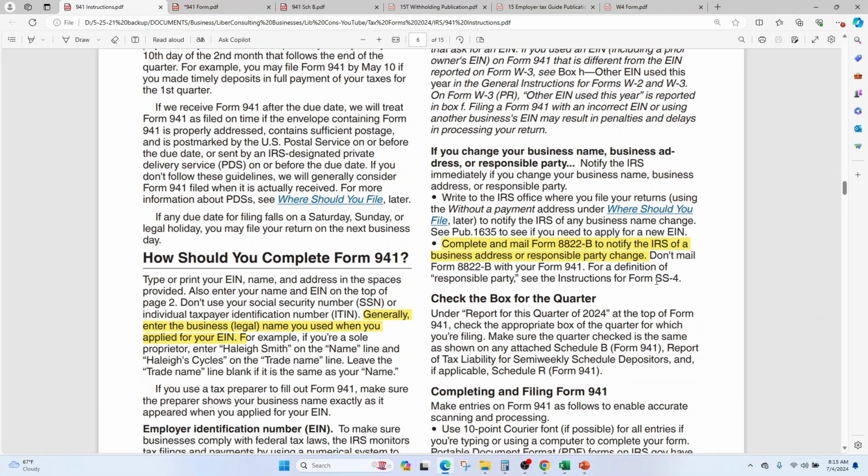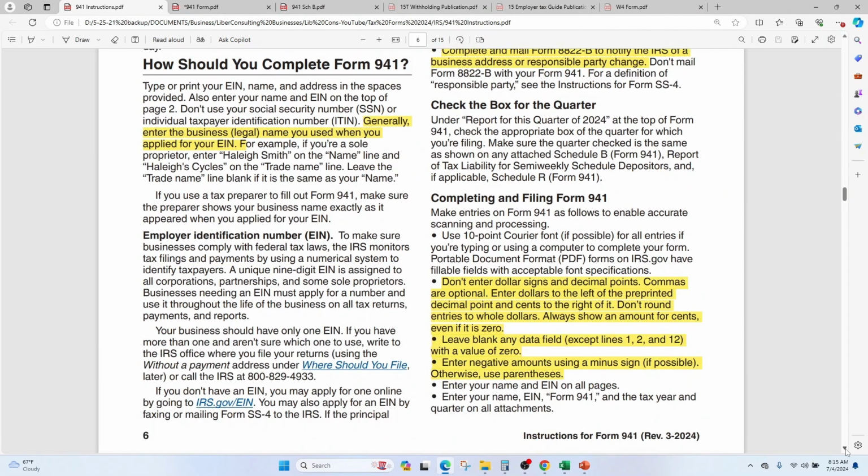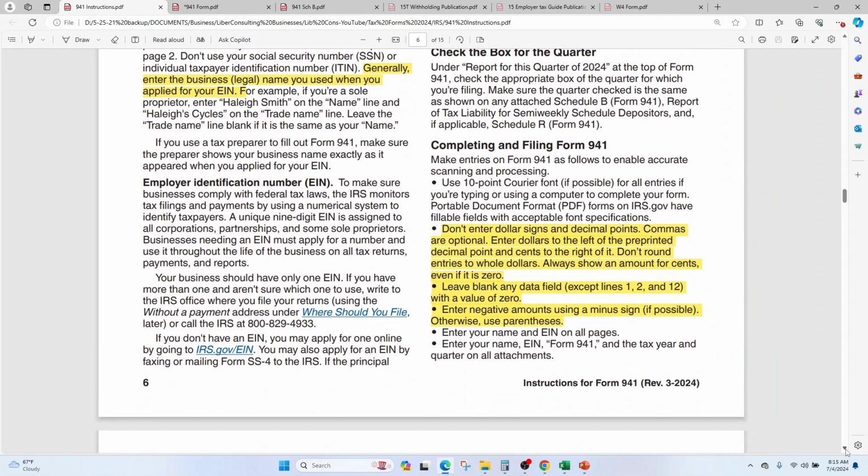And the SS-4 usually is the letter that you receive from the IRS when you apply for an EIN and you get a letter from them in the mail.